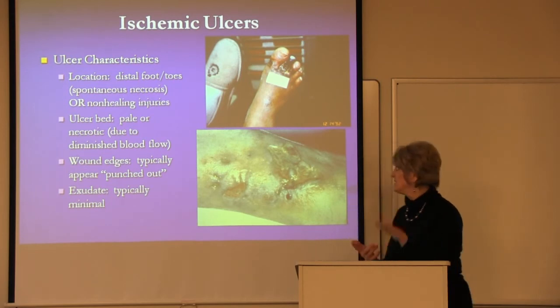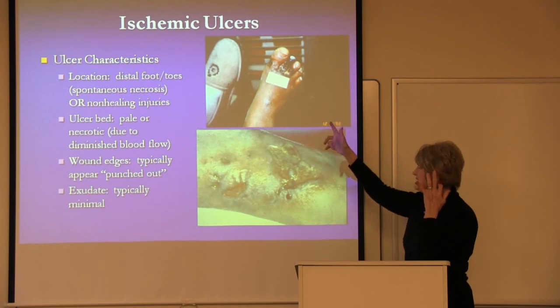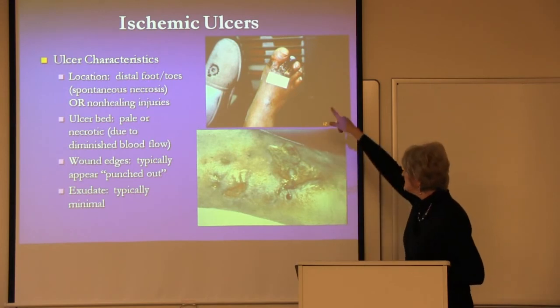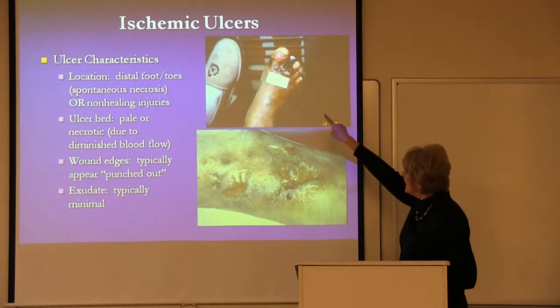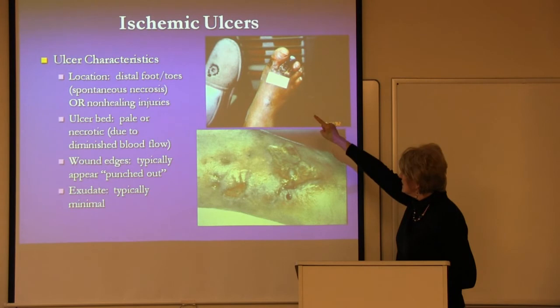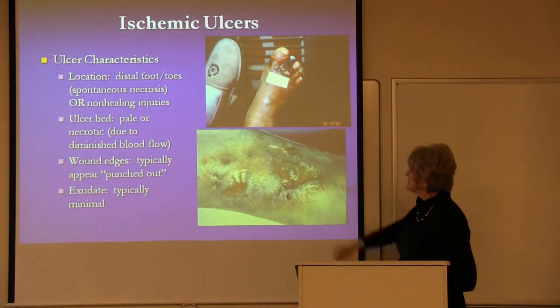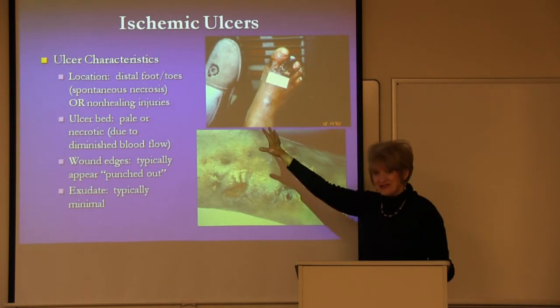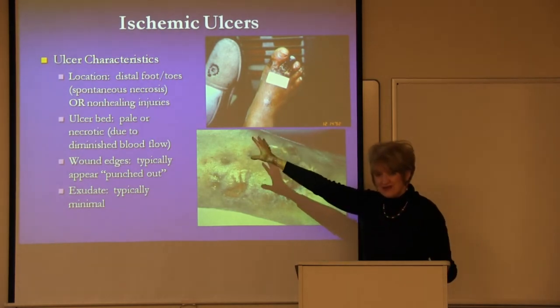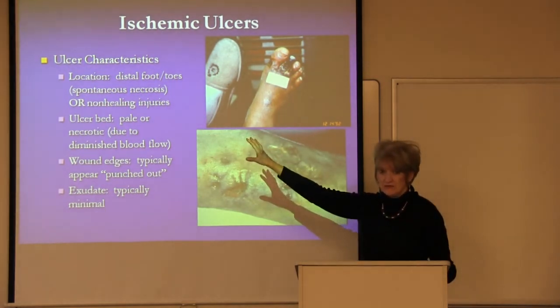And so some of you have seen patients who develop spontaneous necrosis of the toes, like you see here. The second toe is completely gangrenous, dry gangrene. And you have beginning involvement of the great toe, the third toe, the distal foot. That makes sense because that's the point at the greatest distance from the heart.